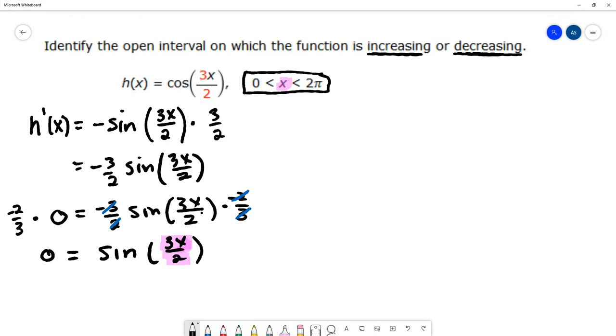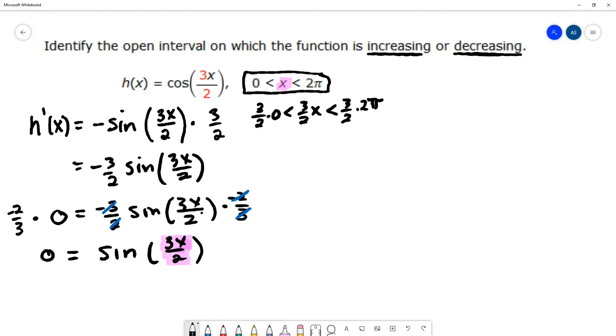So take that inequality, and I'm going to multiply 3 over 2 onto every part, all three parts. So 3 over 2 times 0, 3 over 2 times x, and 3 over 2 times 2 pi.